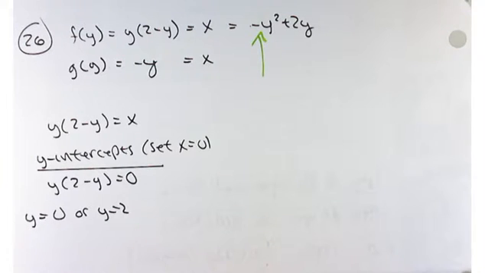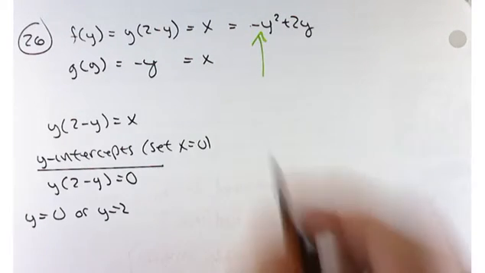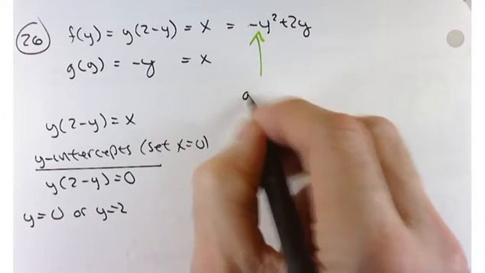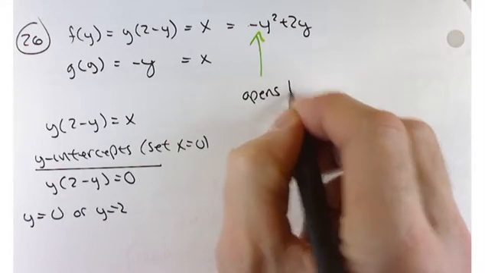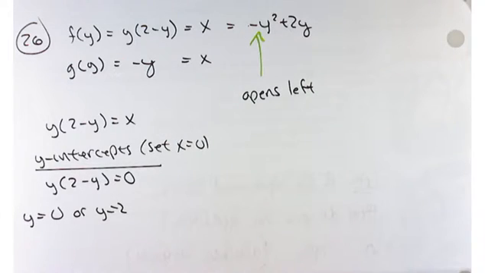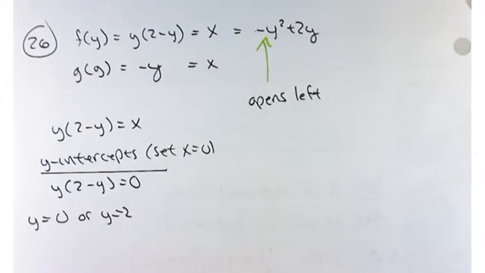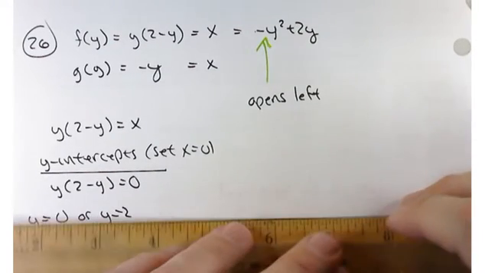Because that coefficient of y squared is negative, which way is this going to open? To the right or to the left? Thank you. Opens left. So it's going to open to the left, and it's got y-intercepts at 0 and 2. So, perfect. Let's draw that.